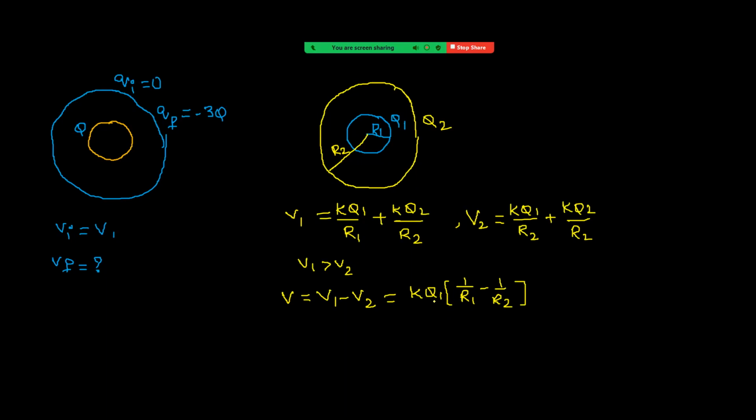It does not depend on the charge of the outer one. Now using this logic here, initially the outer one was uncharged. Now it is given charge minus 3Q.